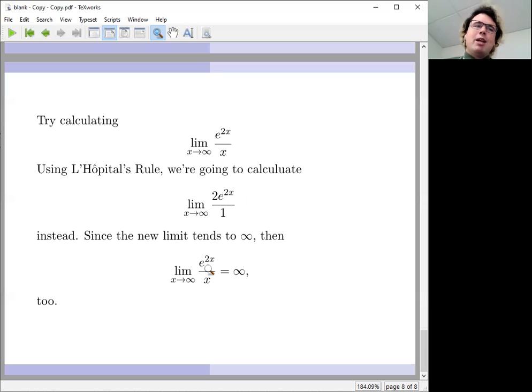So we can get a lot of mileage out of L'Hopital's rule if you see an indeterminate form, like a 0 on 0 kind of limit, or an infinity on infinity kind of limit, or even other indeterminates, like what if you have a limit of the product of two functions, one of them goes to 0, the other goes to infinity.